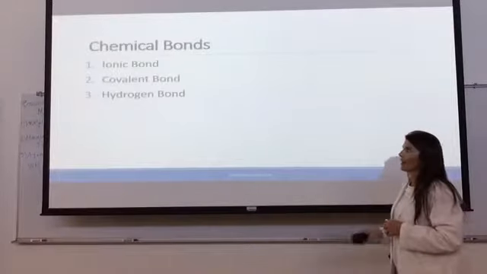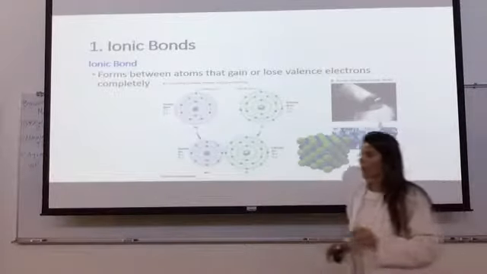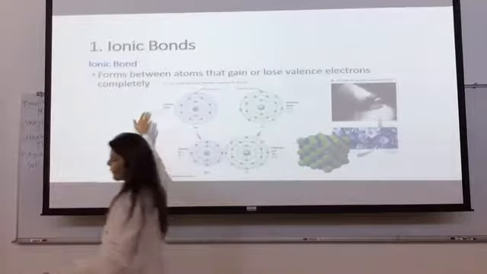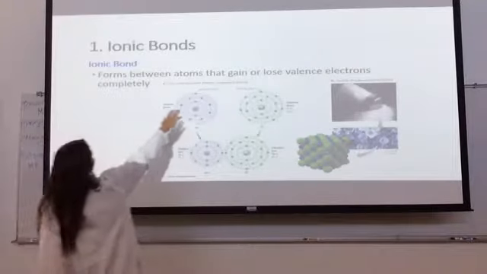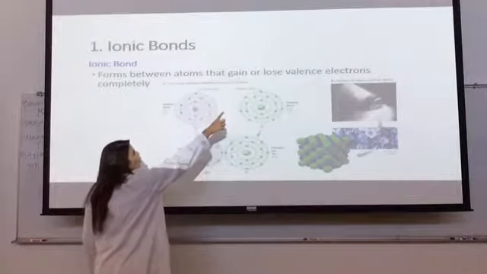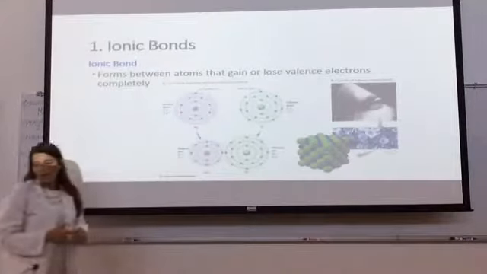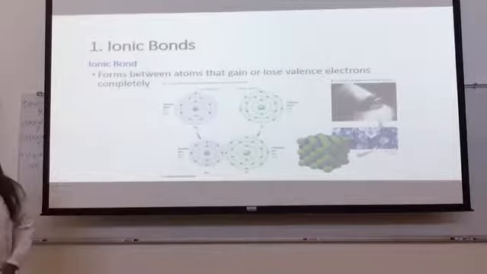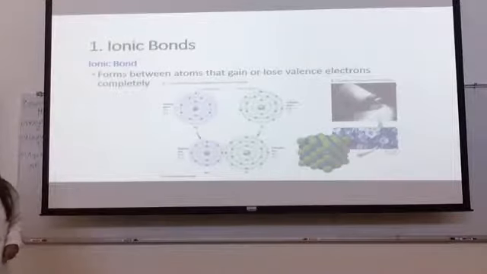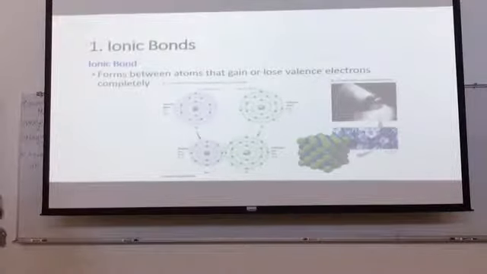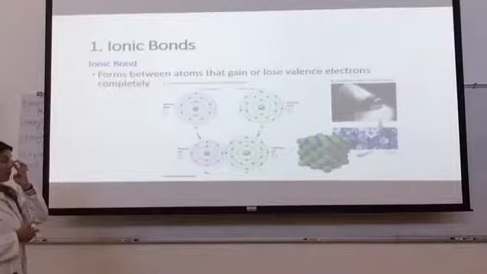Start with ionic. Ionic bonds, by definition, form between atoms that gain or lose electrons. They gain or lose electrons. That's going to be the definition. Gaining or losing electrons.